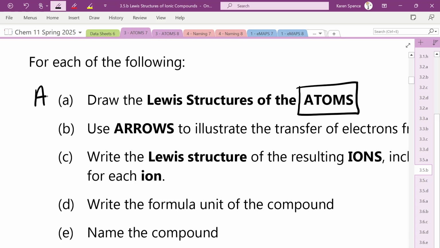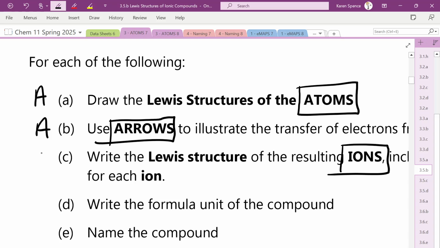So that starts with A. Atom starts with A. We're going to use arrows to illustrate the transfer of electrons. Arrow starts with A. And then we're going to draw the Lewis structure of the resulting ions. And ion starts with I. So if you can remember AAI, you know how to draw the Lewis structure for an ionic compound.